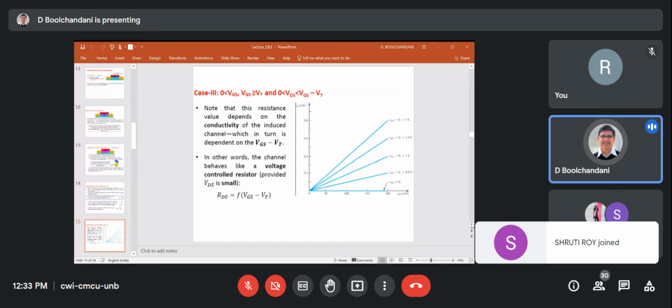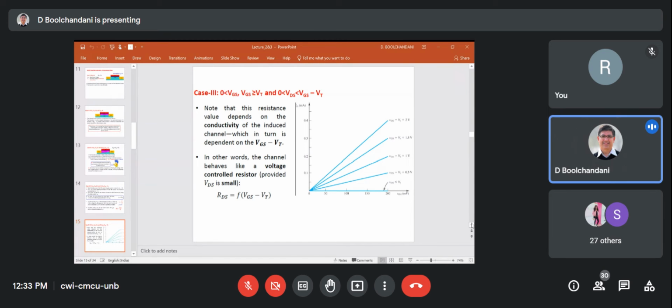The conductivity is going to increase, the resistance is going to go down. So for the same drain to source voltage, you are going to have more current, right? So as VGS minus VT increases, the drain current increases for the same drain to source voltage. And we see that the resistance of the MOS is dependent upon VGS minus VT.